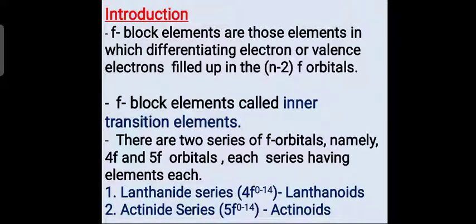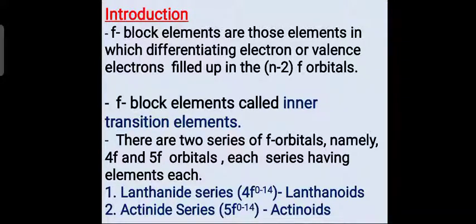F block elements are those elements in which a differentiating electron or valence electron is filled into the n-2 f orbitals. In order to have the 4f series, n is equal to 6, 6 minus 2, that means 4f.